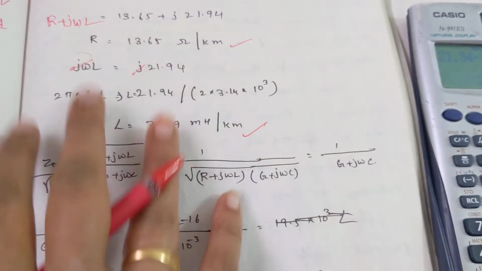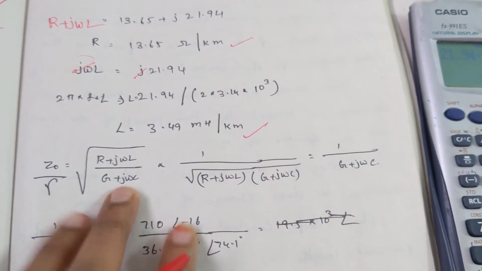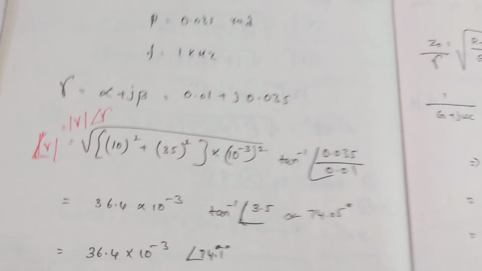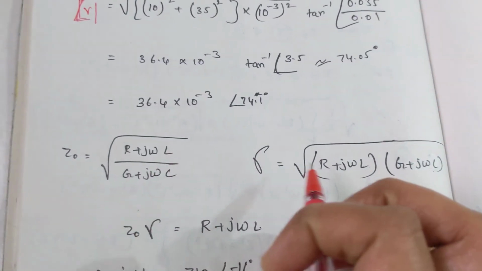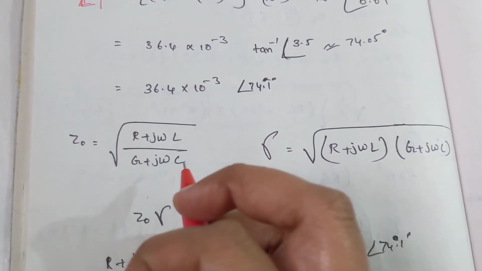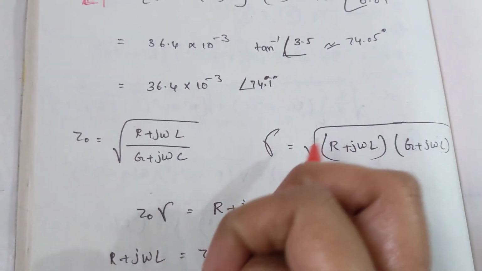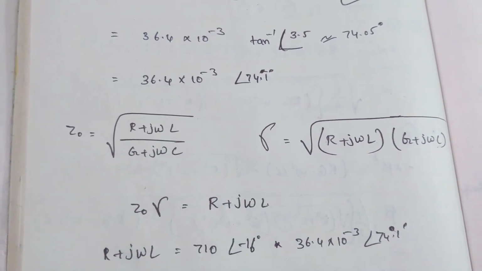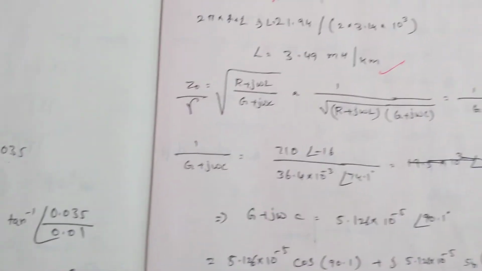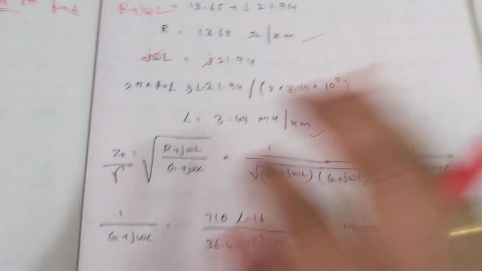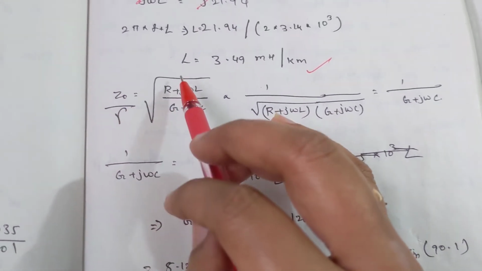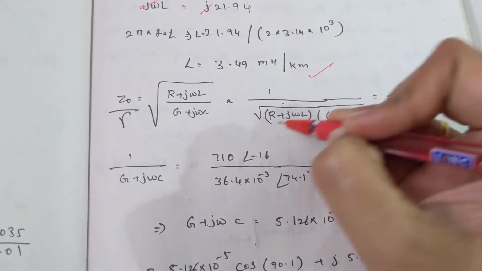The same process will be repeated to calculate your G and C. When you multiply Z0 into gamma, we are able to find R and L. If I divide these two things, the numerators r plus j omega L will cancel each other, and the leftover element is g plus j omega C. So instead of multiplying, which we already did, now we do the division: Z0 divided by gamma.